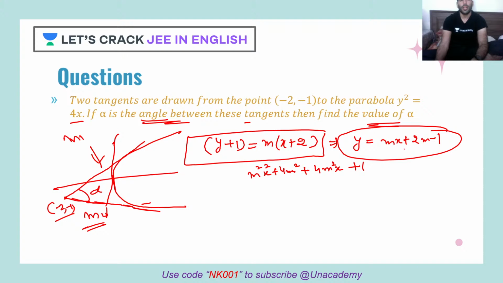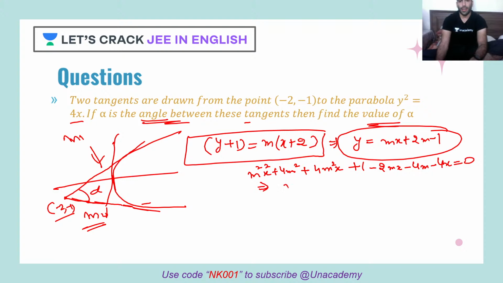So this was a square plus b square. Now minus 2mx minus 4m. So this is your y square minus 4x is equal to 0. Now, as you can see, this is a quadratic in x.